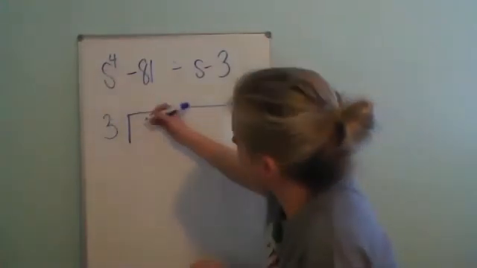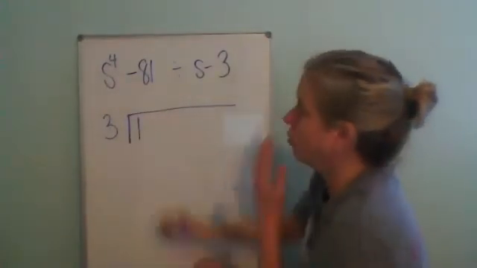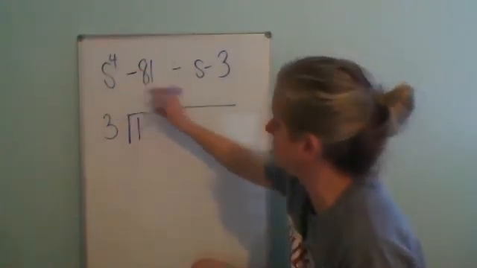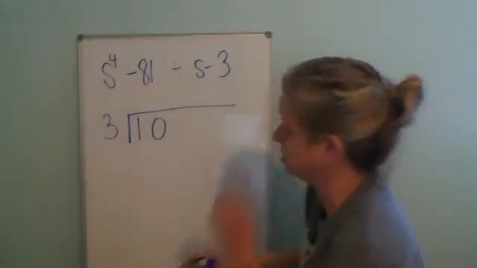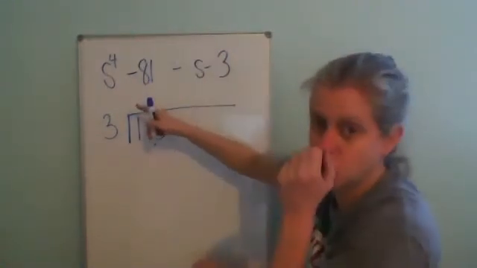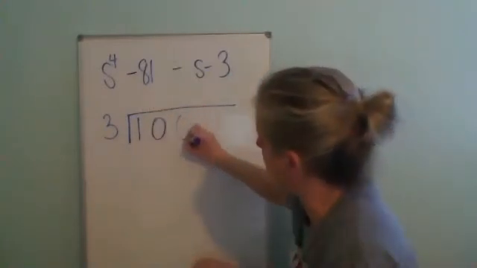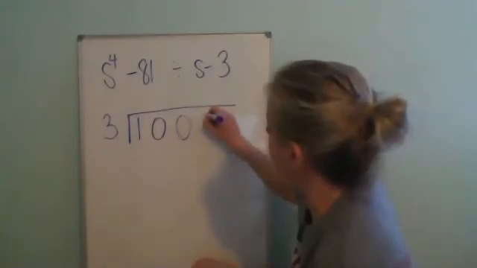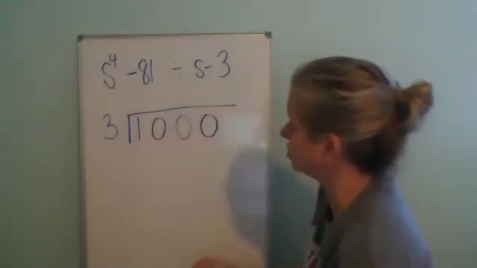What's in front of s to the fourth? A 1. What should come after s to the fourth? There should be an s to the third. Since there's not, I'll put a 0 for s to the third. After s to the third, there should be s squared. And since there's not, I'll put another 0. What comes after s squared? There should be an s, and there's not. So that's another 0.